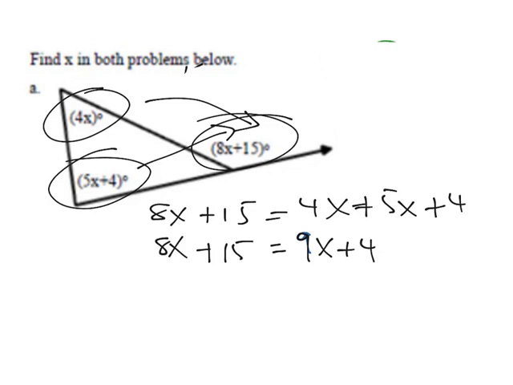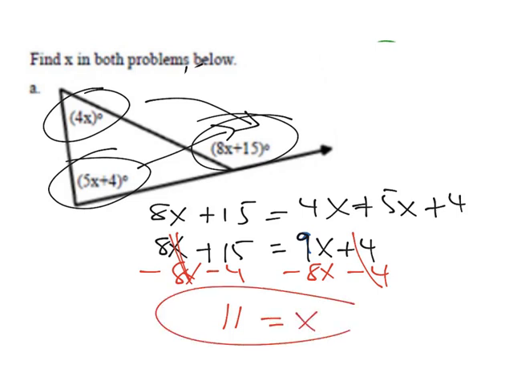After simplifying a little bit here, I'm going to subtract 8x from both sides. So I'm left with just 1x over here. At the same time, I'm going to go ahead and subtract 4 from both sides. Okay, so that goes away, and I'm left with 11 is equal to 1x, or x equals 11.